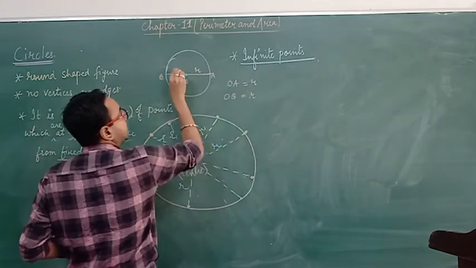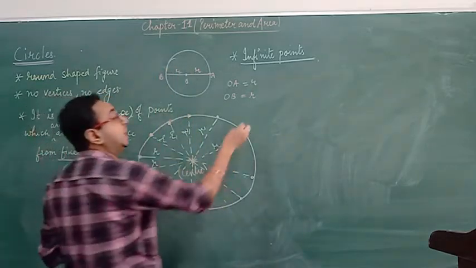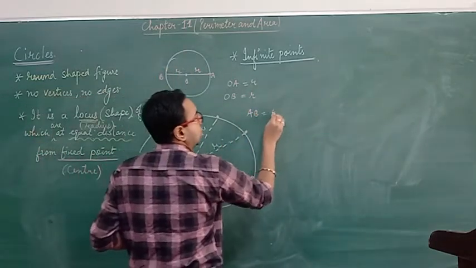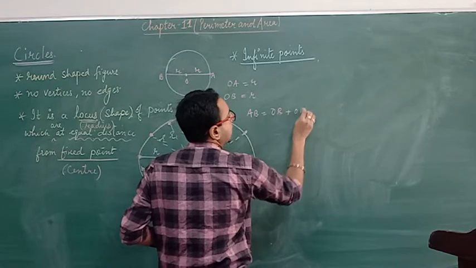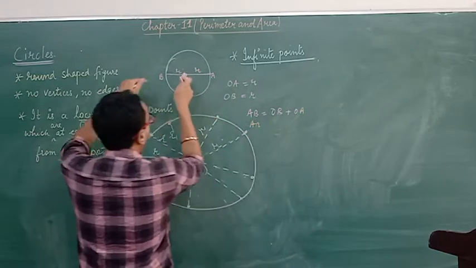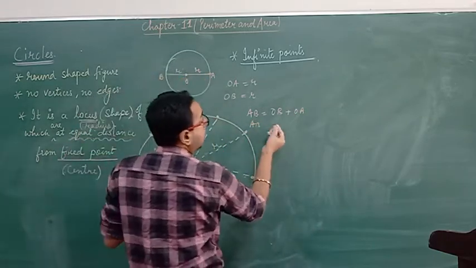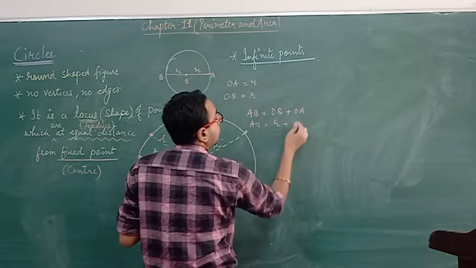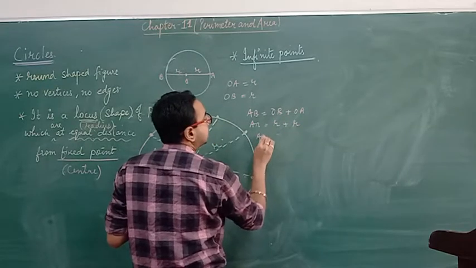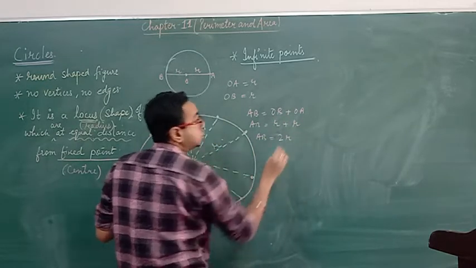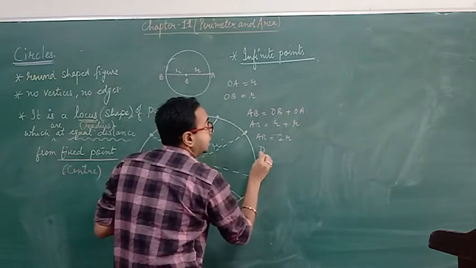Again the radius. Now, if somebody asks what AB is called, AB means OB plus OA. OB is R, OA is R, so R plus R is 2R. Hence AB, which is 2R, is called the diameter.